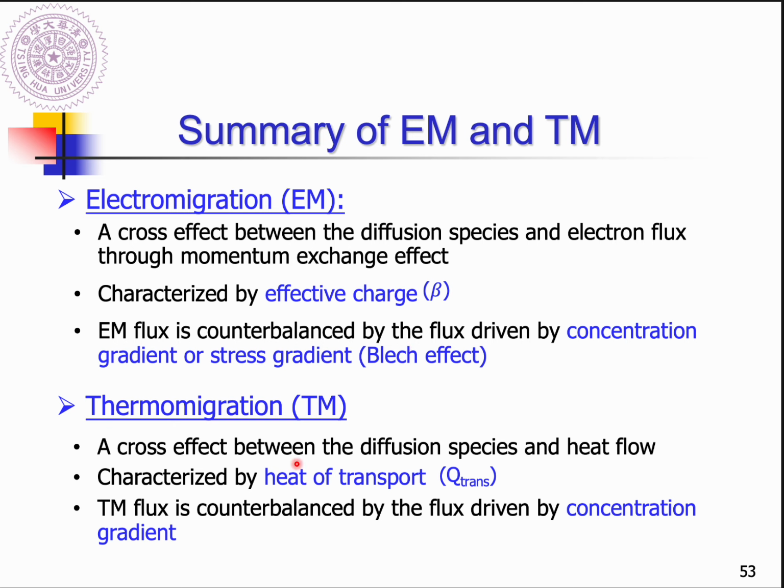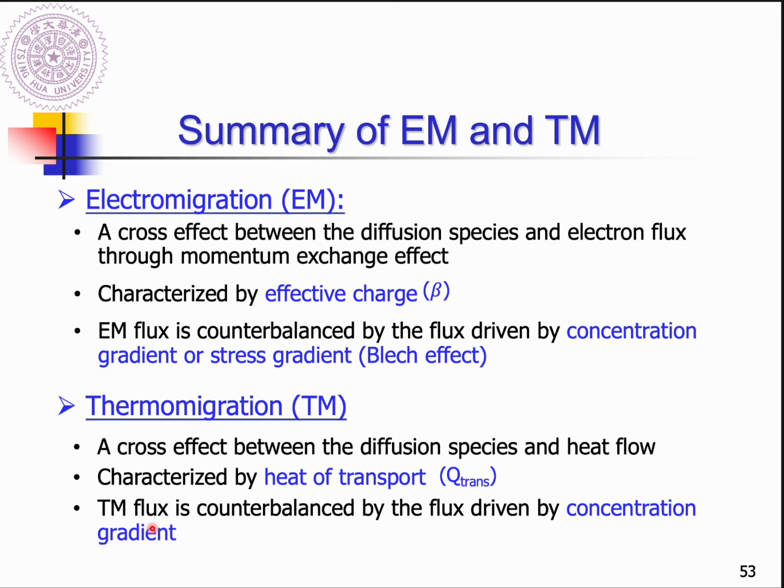So that's the other interesting effect we call thermal migration. Thermal migration actually is a close effect between the diffusing atoms and the heat flow. We also can quantitatively characterize them by heat of transport. And this can also be counterbalanced by the concentration gradient, the same idea.